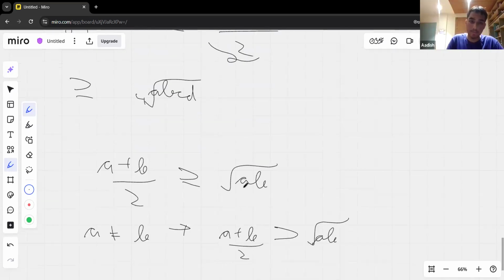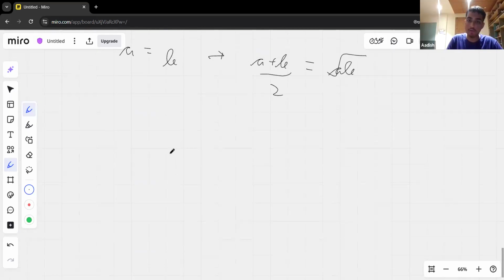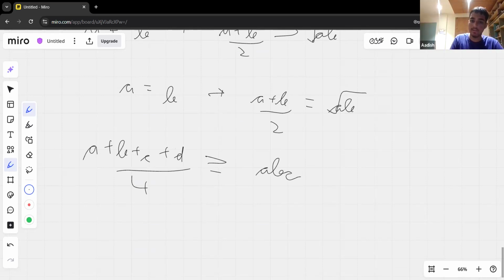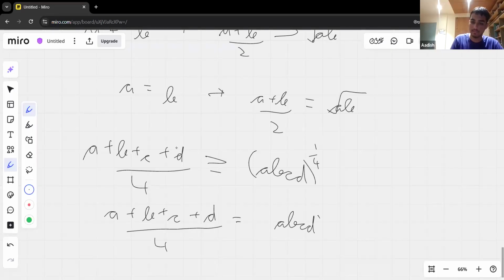Now, we have proven that (A plus B plus C plus D) by 4 is greater than or equal to (ABCD) to the 1 by 4. I want to find out when these are in fact equal.